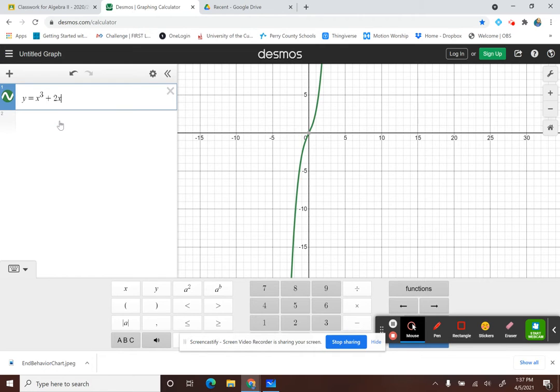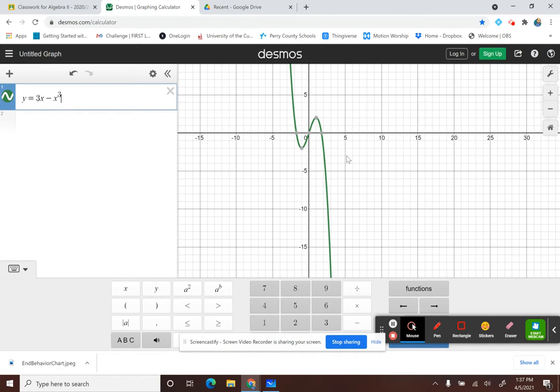Plus 2x minus 1. I don't know if I like that real well. It doesn't quite do what I want it to. I'm going to do it a little bit differently here. I know I'm switching things up. It's okay. Let's do 3x minus... yeah, that looks a lot better.